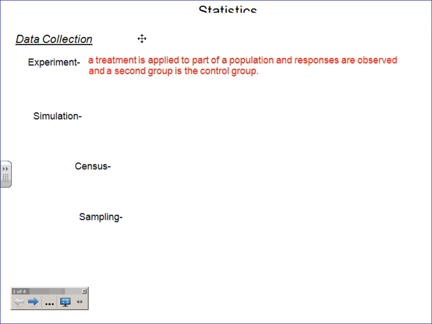There is then a second group that has to be the control group. The experiment you're probably thinking of most is when they want to test new pharmaceuticals. They'll have one group that they give a drug or a pill to. Then they'll have another group that they give basically a sugar pill, called a placebo.